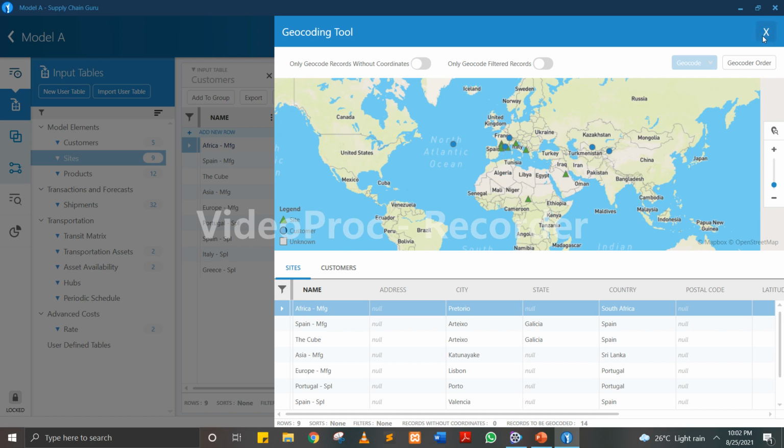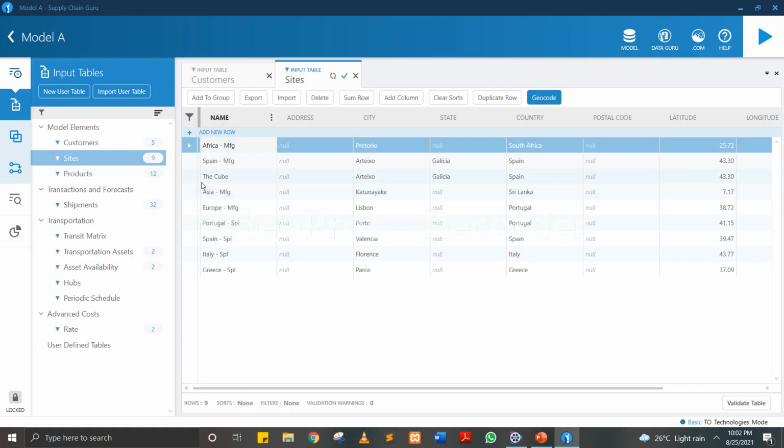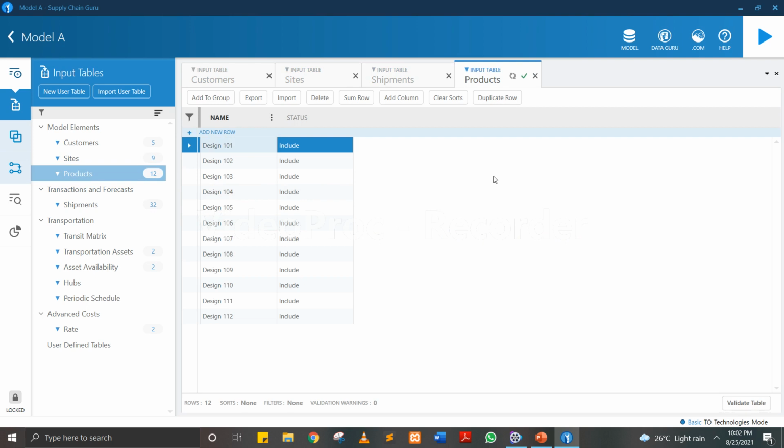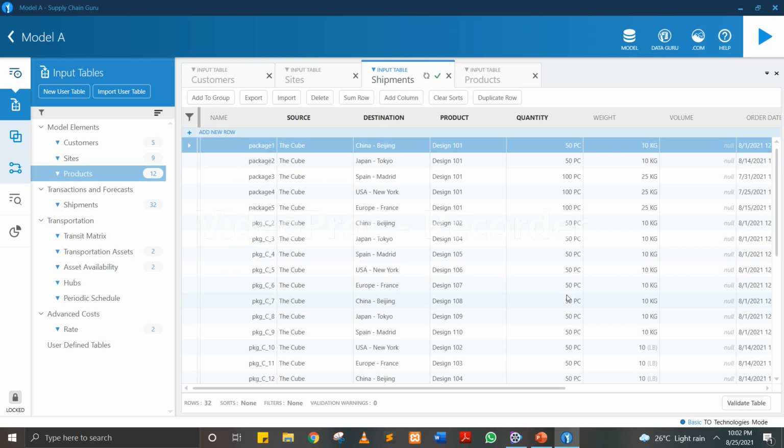There are 12 products populated in the tables, named design 101 to design 112, because their specific designs are not available even in the case study. They have mentioned them only as designs. Next, here are the shipments.